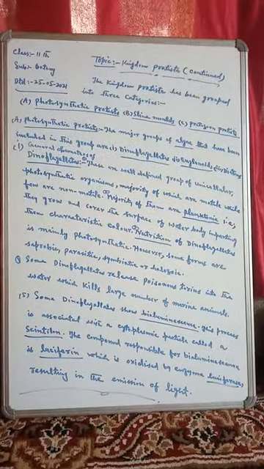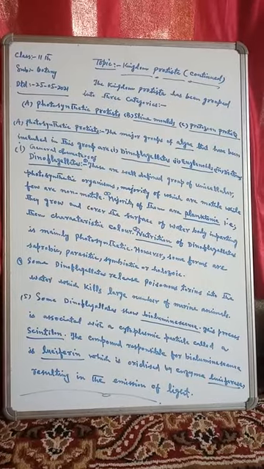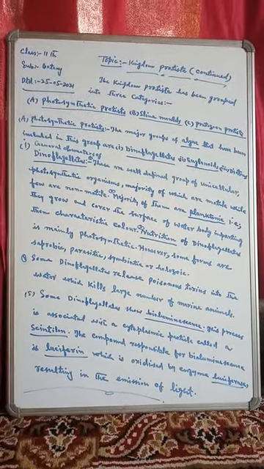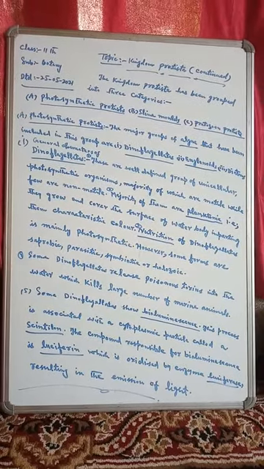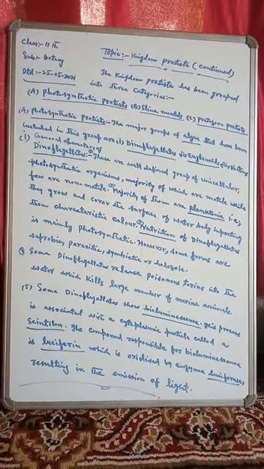Now this kingdom is continued, and we have seen yesterday in our lecture that this kingdom Protista has been grouped into three categories. One was the photosynthetic Protists, second was the slime molds, whereas third one was the protozoan Protists. In other words, we can say these are the three types of this kingdom Protista.